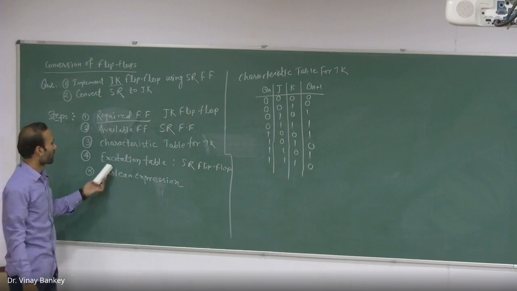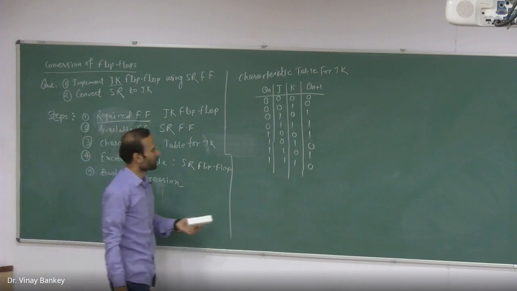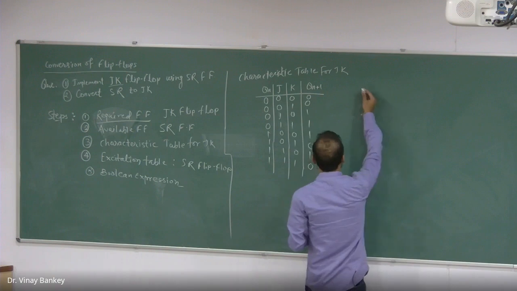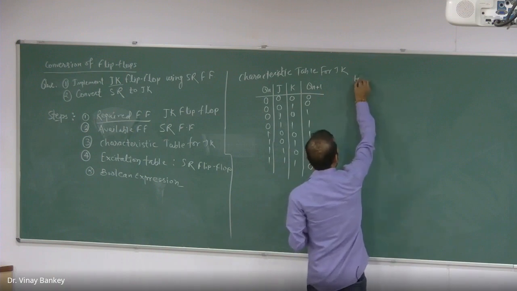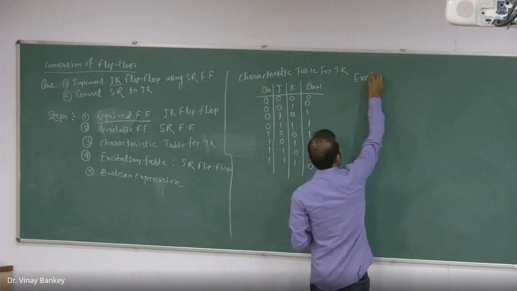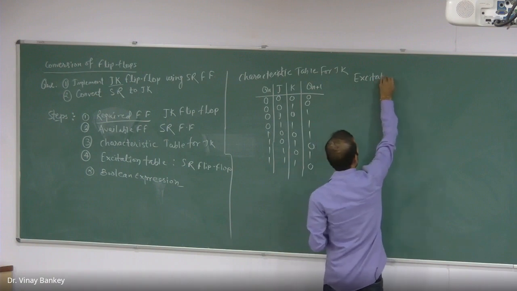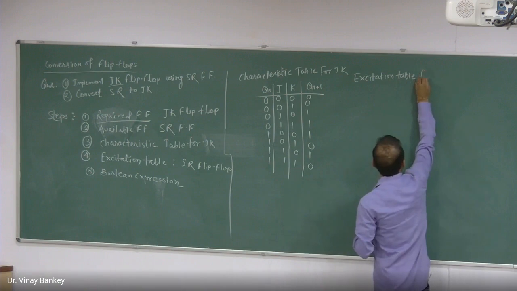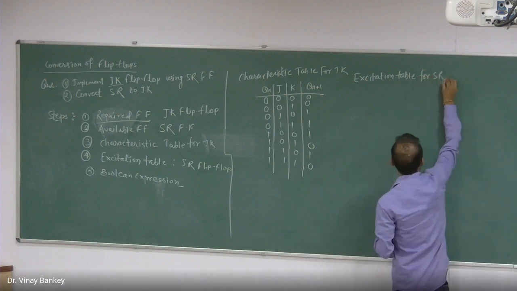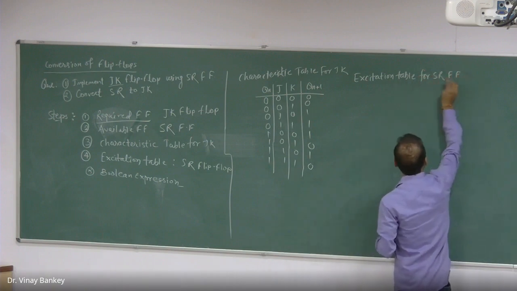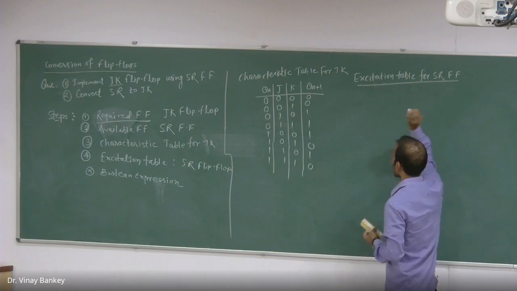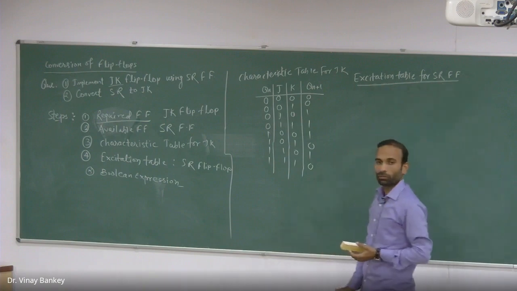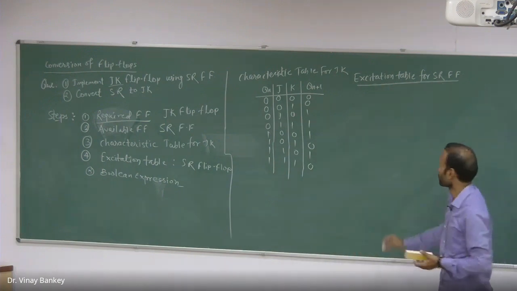The next stage is writing the excitation table for the available one. So what is the excitation table for SR flip-flop? By now, I assume that you remember how to write it.